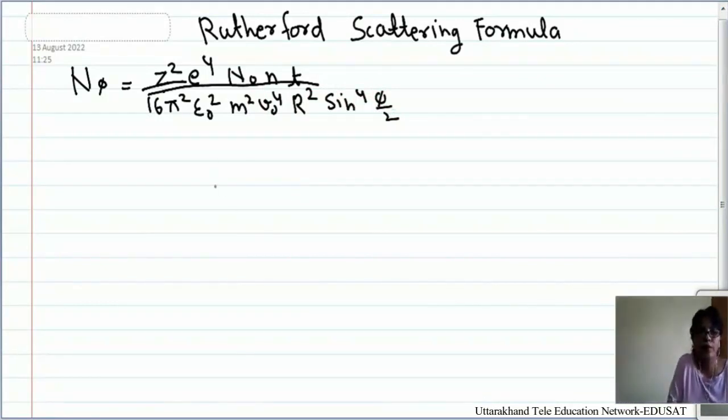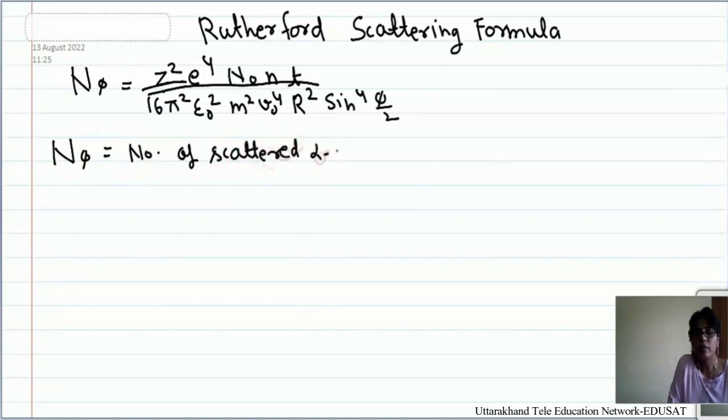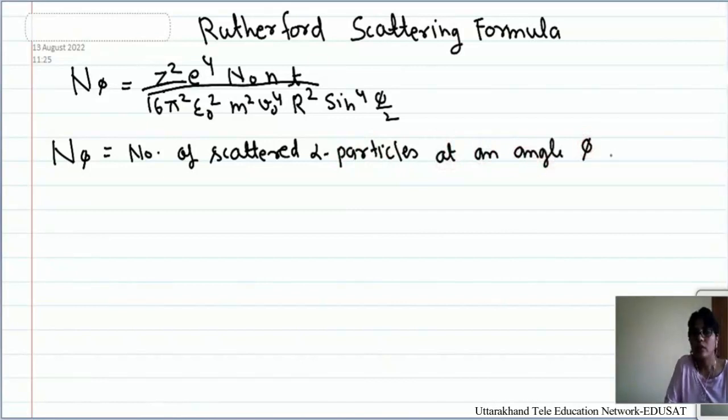And now let us write what the terms are. We have already mentioned the term N(phi). N(phi) is the number of scattered alpha particles at an angle phi on the screen per unit centimeter square.